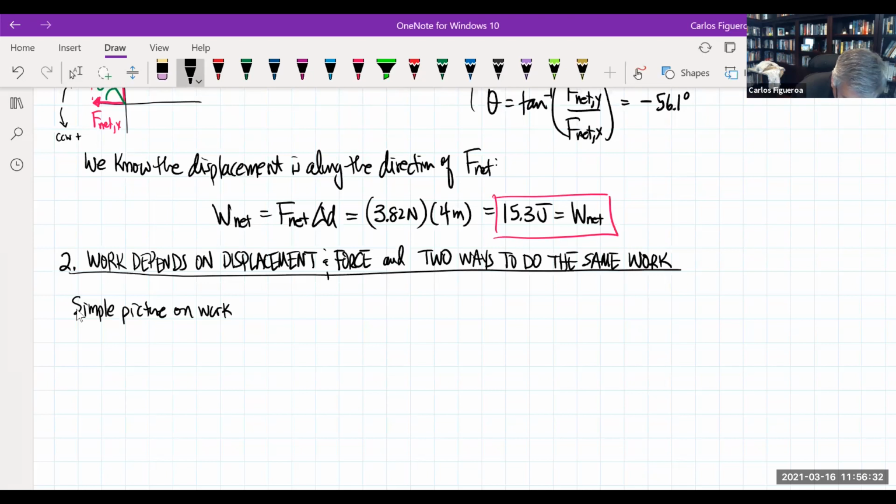One of the things that we imagine here is that we have a block. You could imagine that I apply the same force on both blocks.